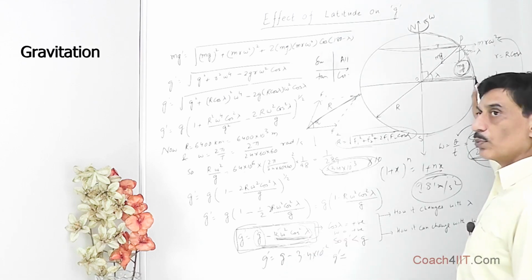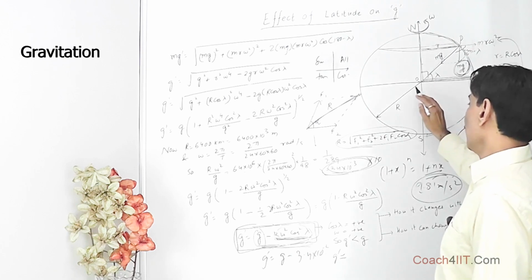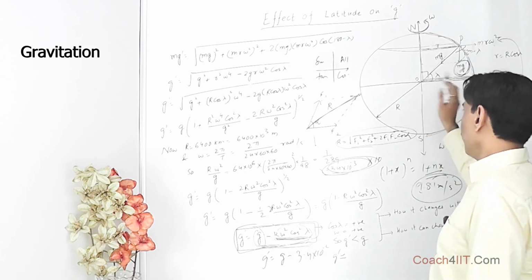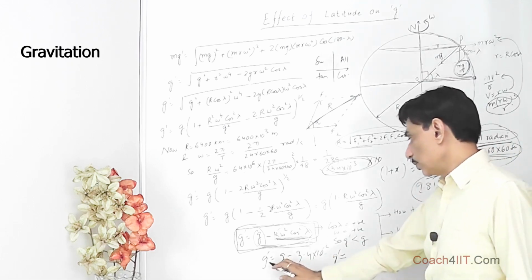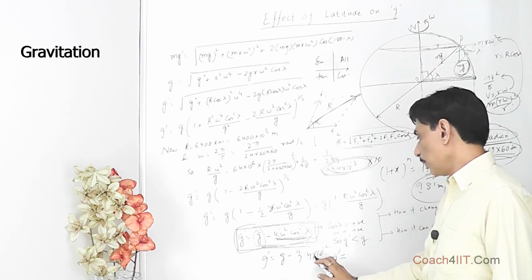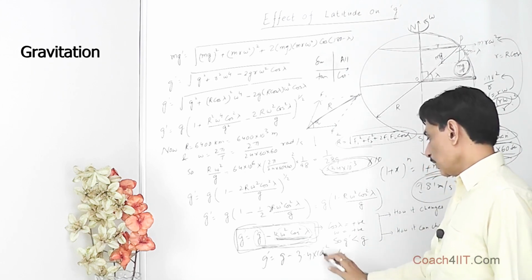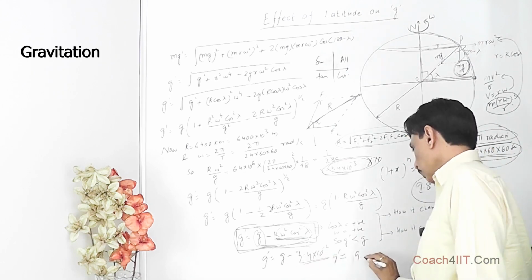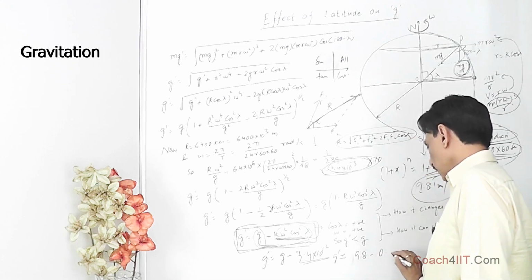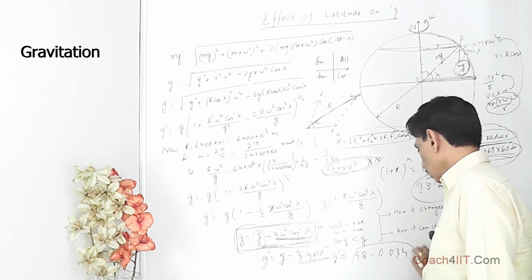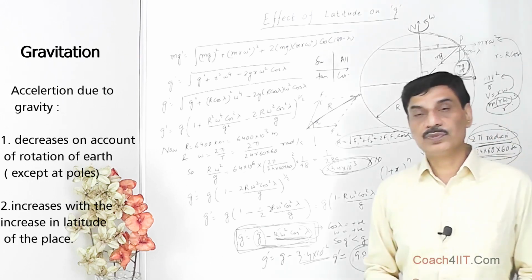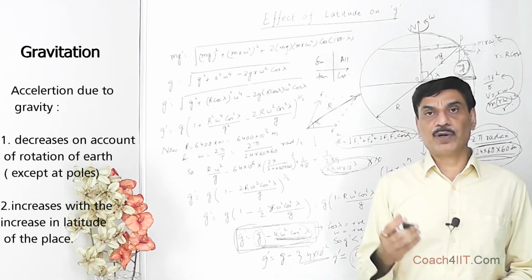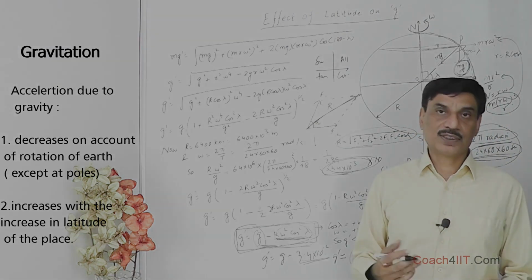So the value of g dash, when we consider the angular velocity of earth, is very small, because g dash is going to be g minus 3.4 into 10 to the power minus 2, that is almost equal to 9.8 minus 0.034, which is almost equal to 9.81 or 9.8 meter per second square only. So very safely we can assume g as 9.8 or 9.81 meter per second square on the surface of earth.